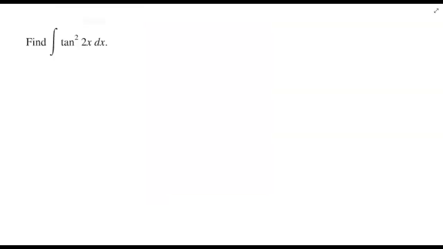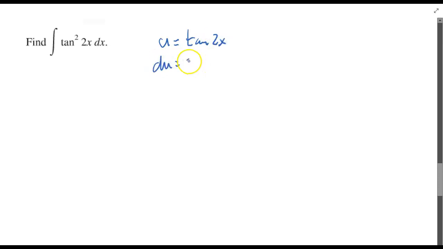This is an example of having to use trig identities to do an integral. We can't do a u du because, well, I'll just show you. If I let u equal tangent of 2x, du would be 2 secant squared 2x dx, and you notice there's no secant squared anywhere in there.